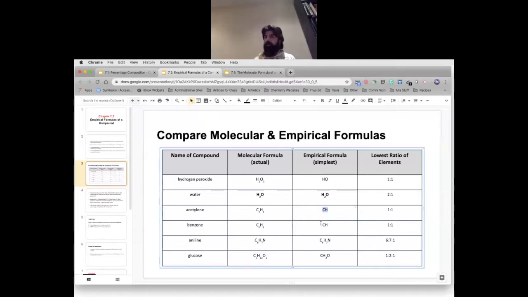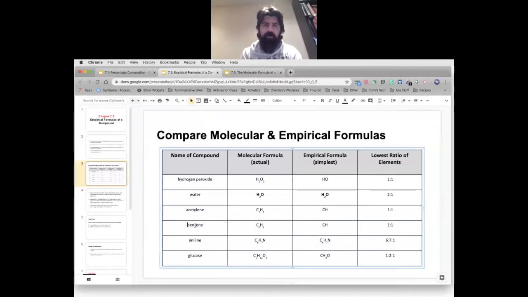The empirical formula is going to be something that we are going to be figuring out based on what we did in 7.1. So 7.1, 7.2, they go together. Yes, 7.3 does go together, but it just adds one more additional step. We're going to focus on this one, just because there are a number of steps that you have to do to go about solving a problem.